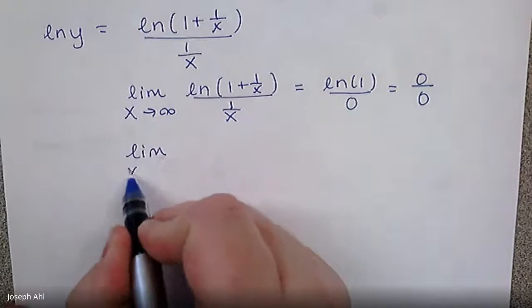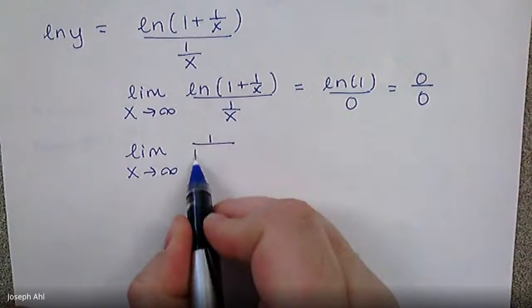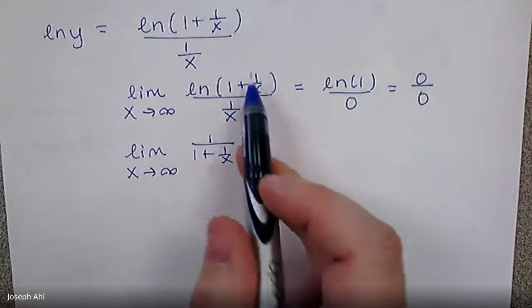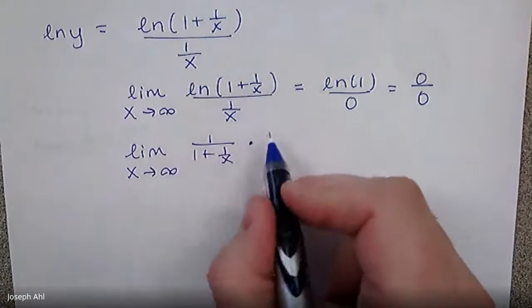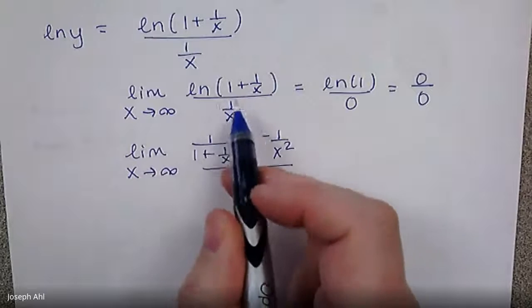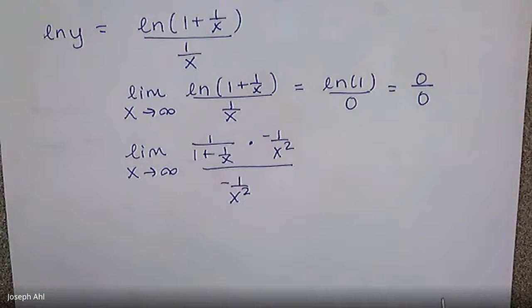Limit as x goes to infinity of the derivative of the top. Well, the derivative of natural log would be 1 over 1 plus 1 over x times the derivative of the inside, which is 1 over x. Well, the derivative of 1 over x is negative 1 over x squared. Keep in mind, you're going to find that same exact derivative in the denominator. This would be negative 1 over x squared.